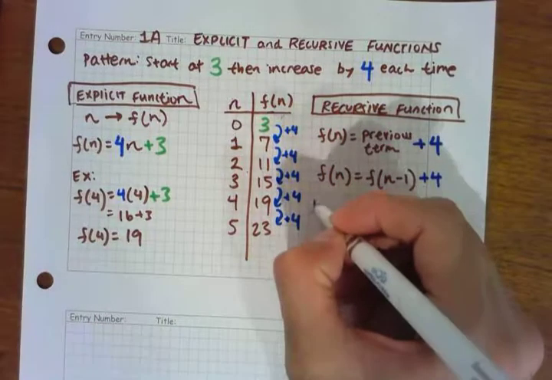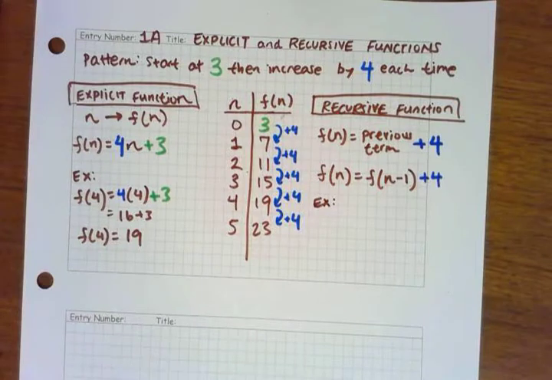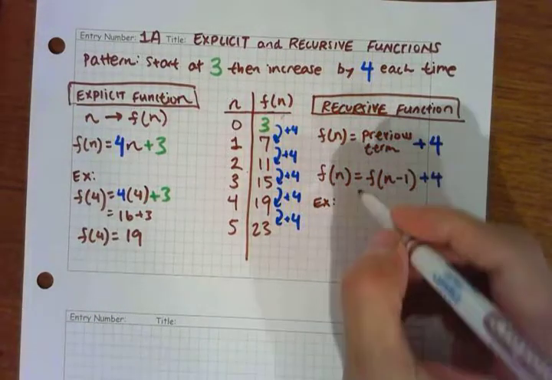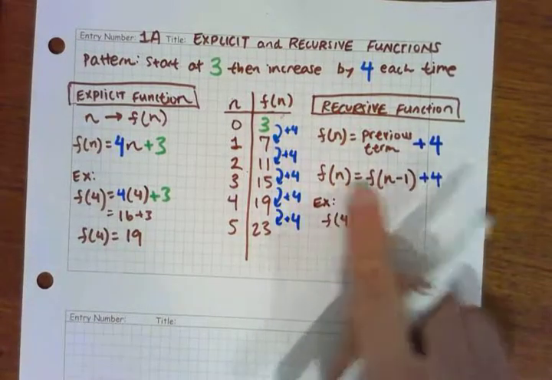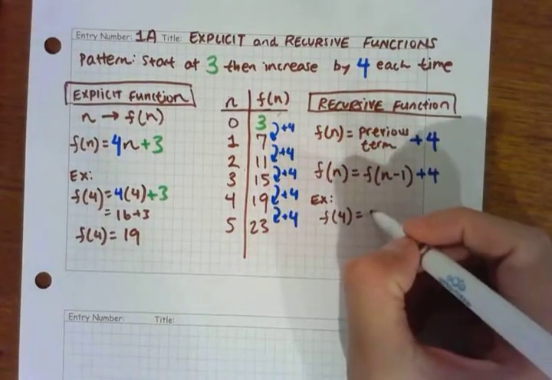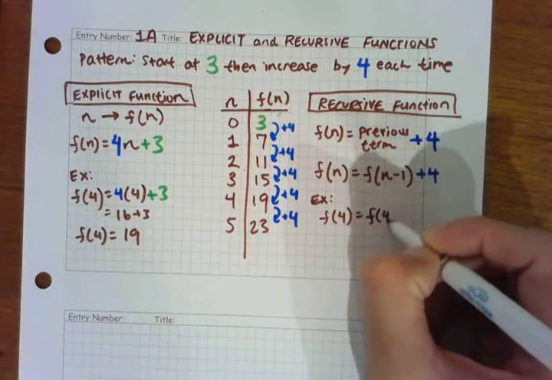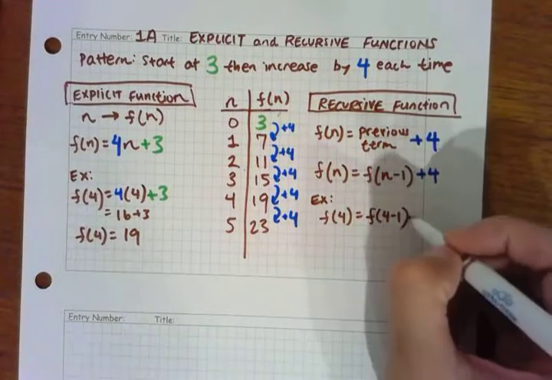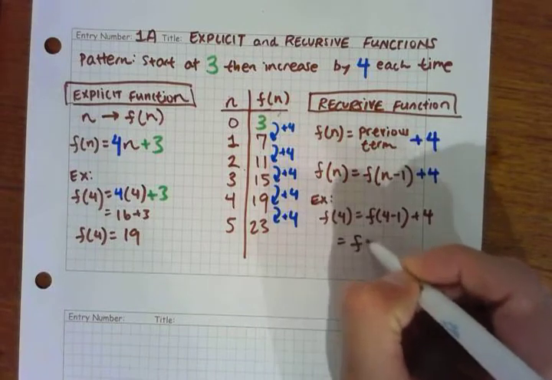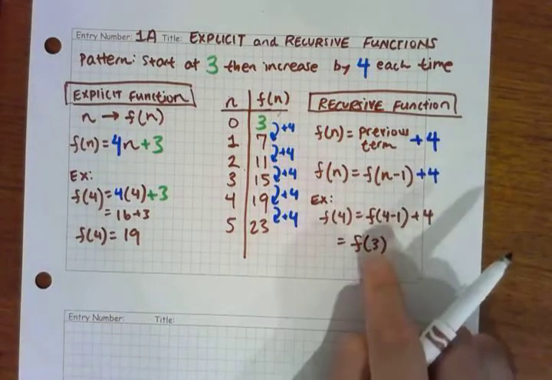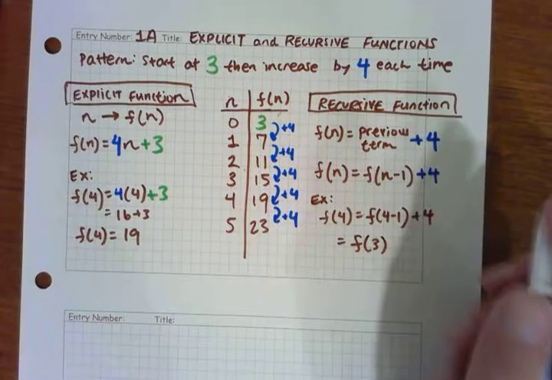So an example, if you want to figure out what is f of 4, well, looking at this, it's whatever the previous term is. So f of 4 minus 1 plus 4. And that's f of 3, because 4 minus 1 is 3, and that's just going back one step.